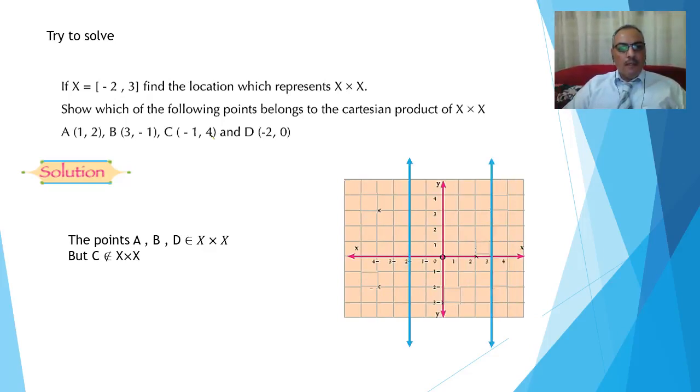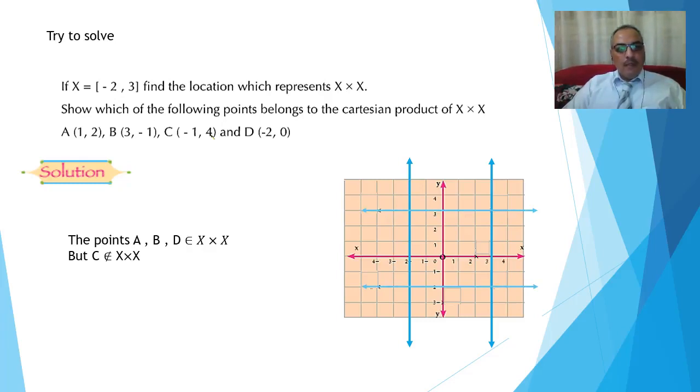This is the interval from -2 to 3, vertical. The second, -2 to 3, horizontal. This square is the solution of the Cartesian product.